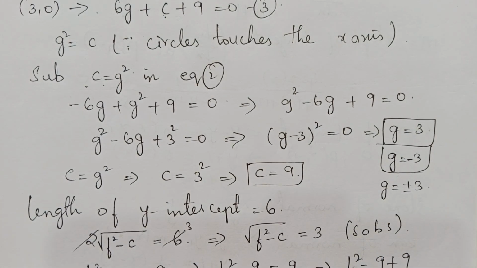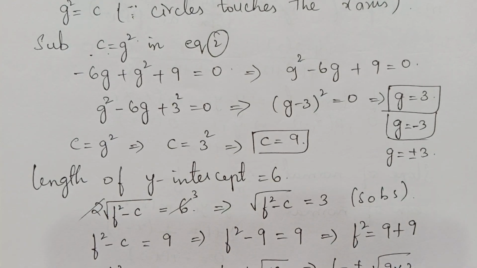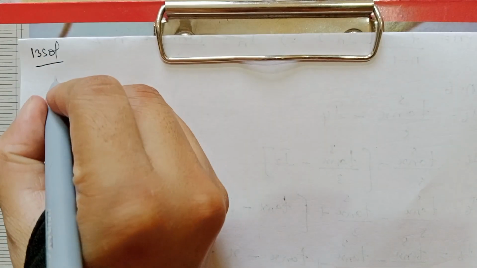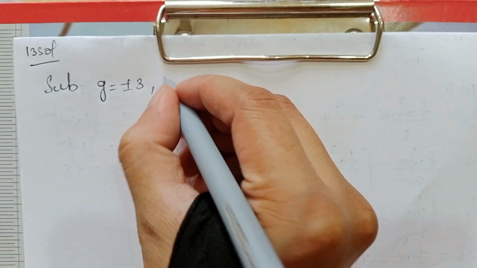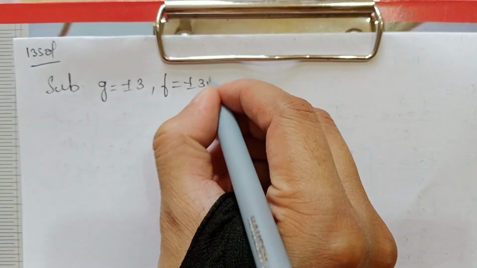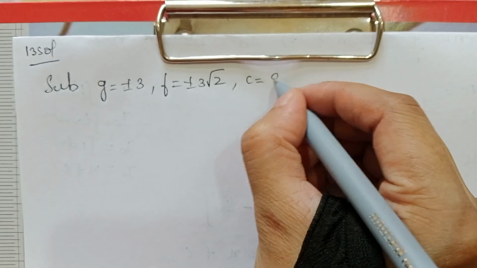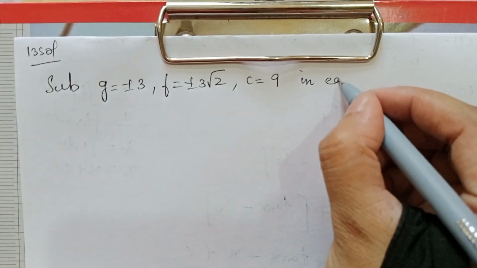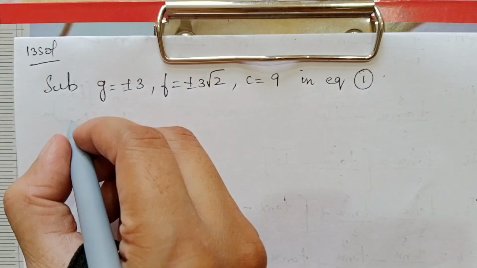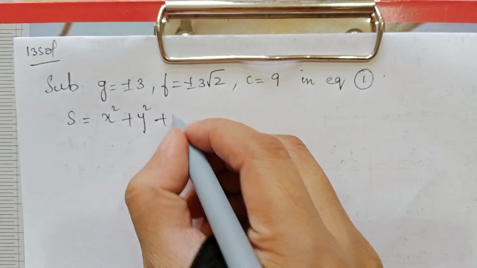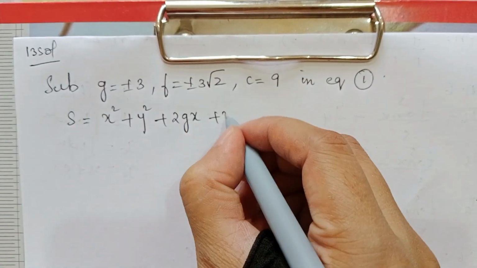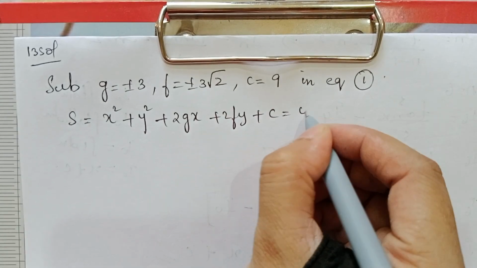Now we should substitute all the values in equation 1. Substitute g equal to plus or minus 3, f equal to plus or minus 3 root 2, c equal to 9 in equation 1. So we'll get s equal to x square plus y square plus 2gx plus 2fy plus c equal to 0.